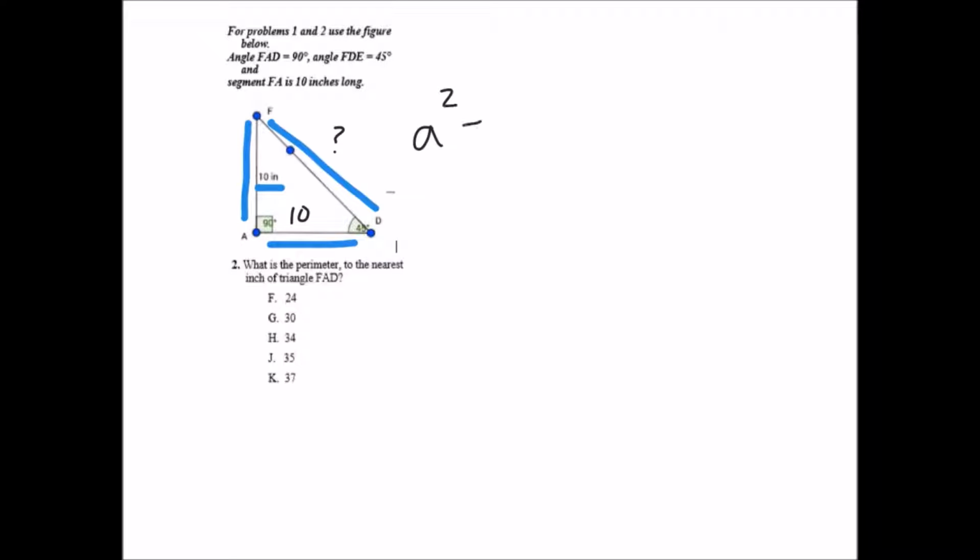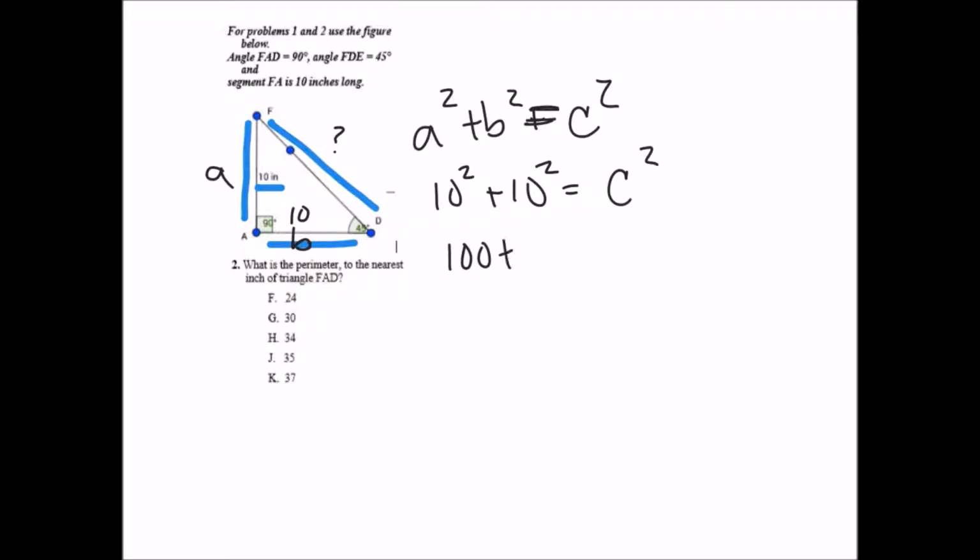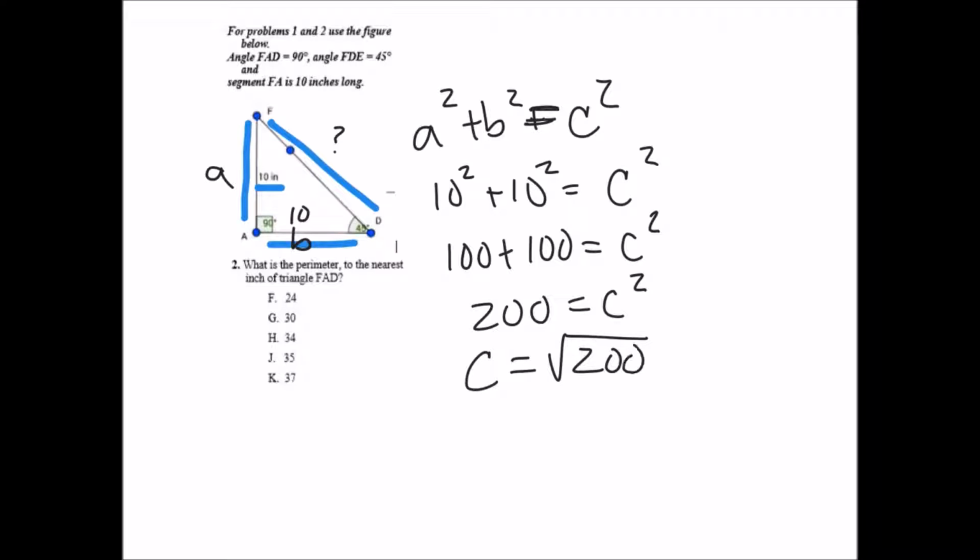We can use a squared plus b squared equals c squared to solve for this. We know side A and side B are both 10 inches, so that's 10 squared plus 10 squared equals c squared. Well, 10 squared is 100 plus 100 equals c squared. 200 equals c squared, or c equals the square root of 200.